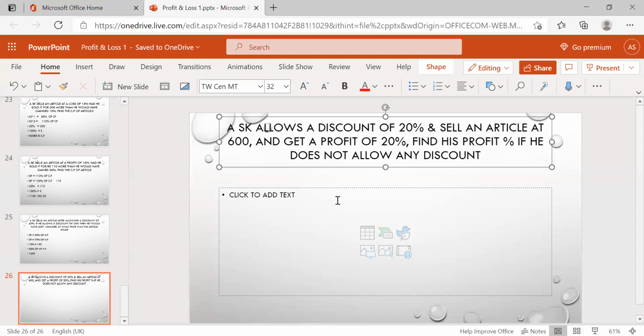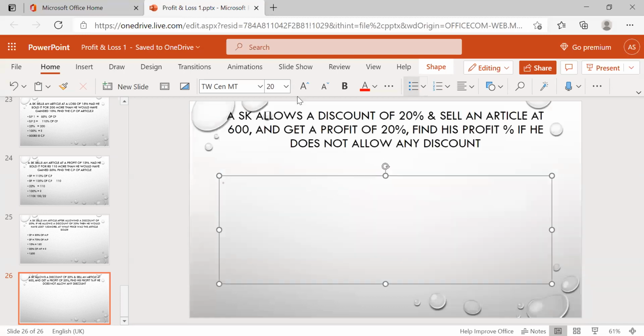Now, what is given in the question first of all? They gave 600 rupees as the article's selling price. The selling price equals 600 rupees, which is nothing but the price after a 20% discount, so 80% of the mark price.